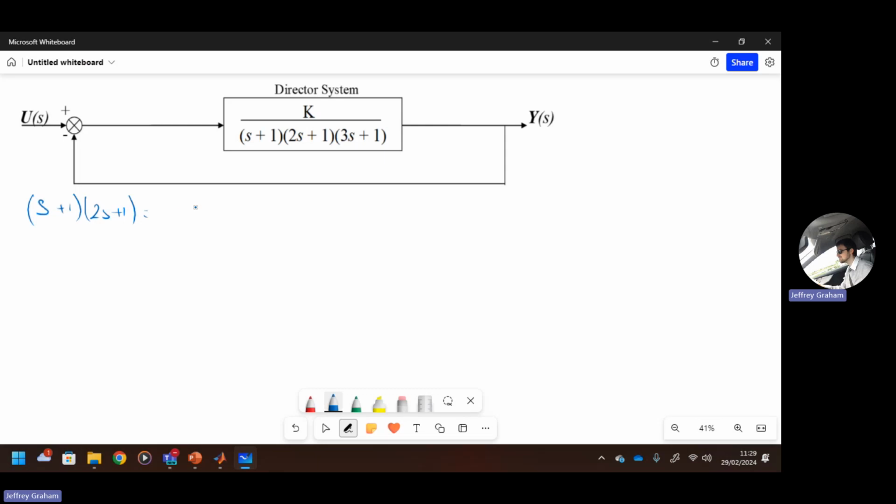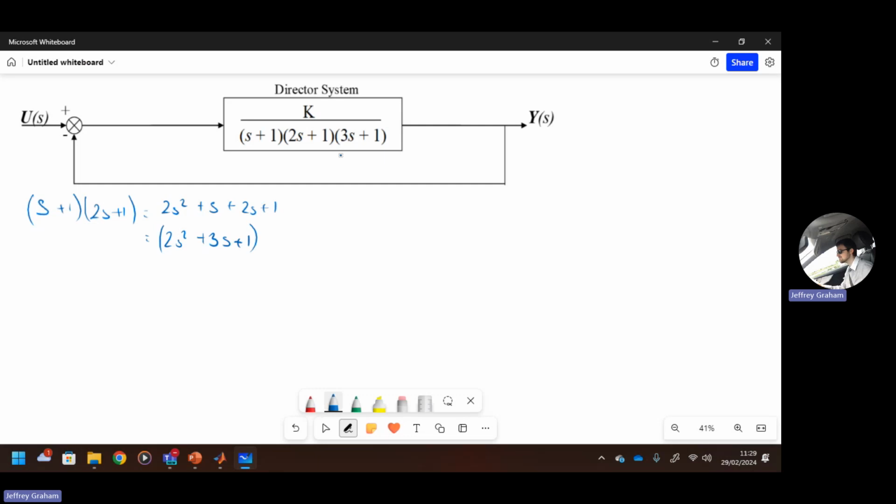Gives us 2s squared plus s plus 2s plus 1. Collecting like terms gives us 3s.